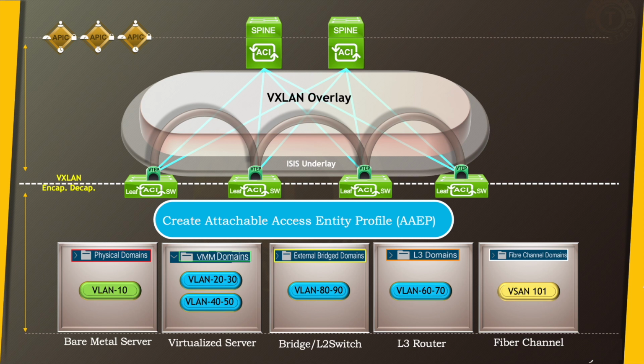This profile will help us attach these domains, including the VLANs, to switch interfaces. Why did I say glue? Because it acts as a glue, which helps us attach these domains to the interfaces. Or you can call it a zipper. Anybody can call it anything for your understanding.